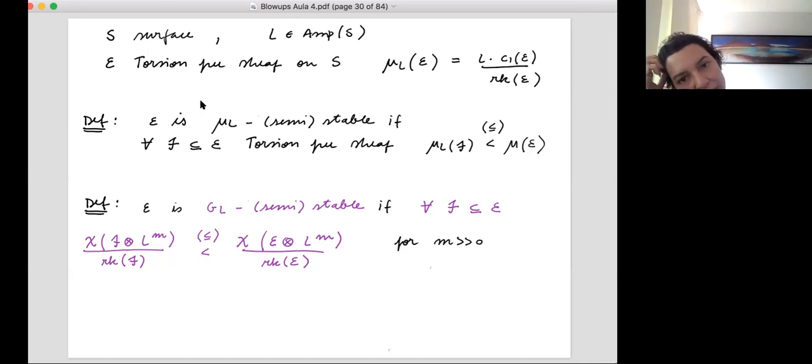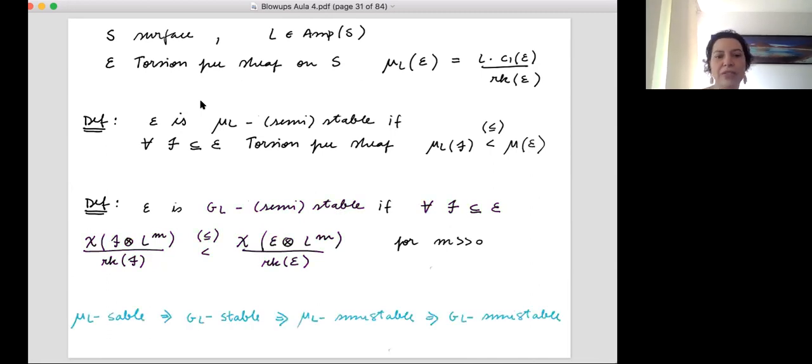So we replace the intersection with L with the Hilbert polynomial, measuring the Hilbert function of these sheaves. So this is the notion of Gieseker semi-stable and Gieseker stable.